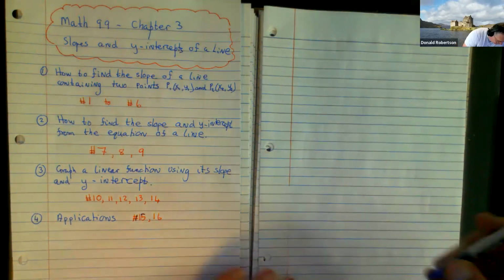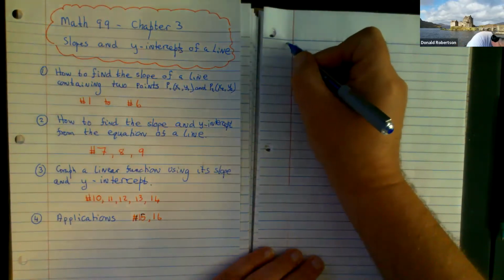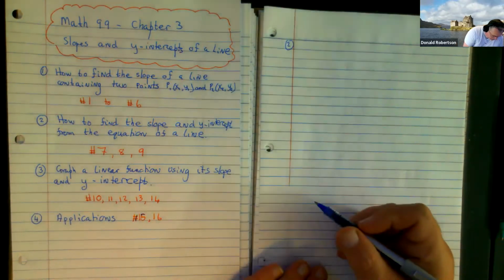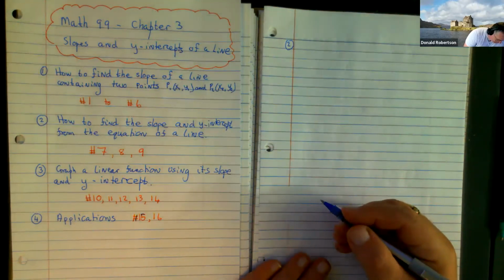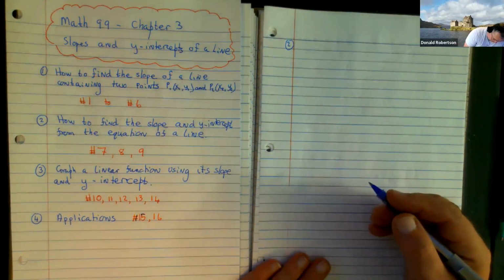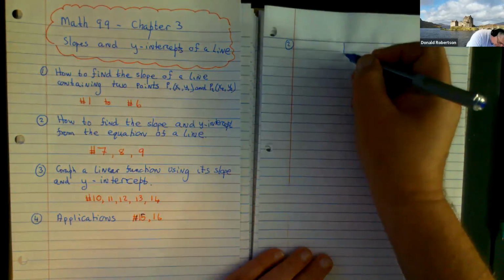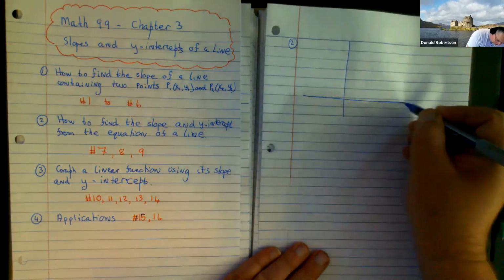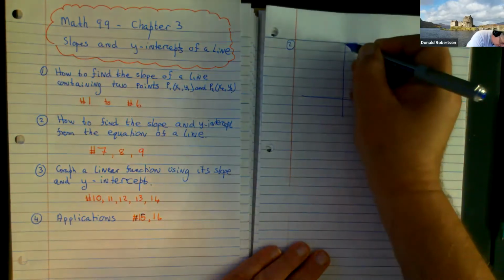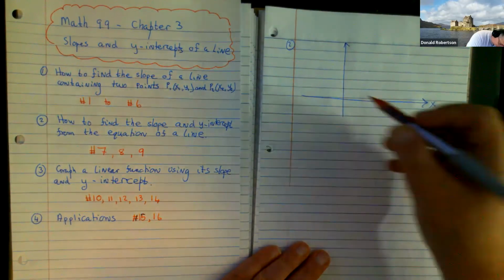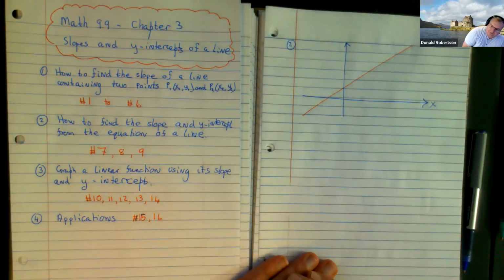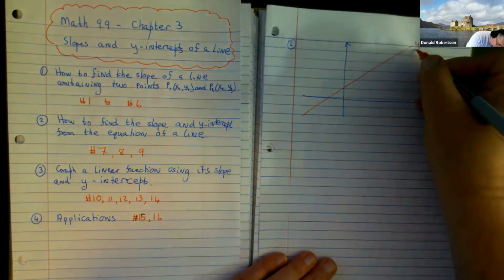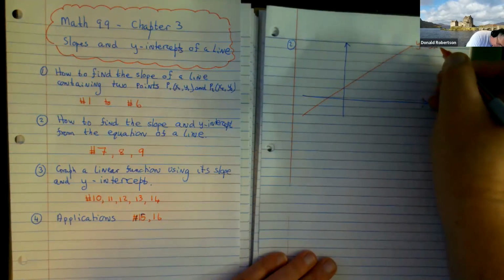Right, so the second thing we're going to do is how to find the slope and the y-intercept from the equation of a line. So if you can imagine a straight line, let's say this line here, and let's just say for argument's sake that it's 3x plus 1.